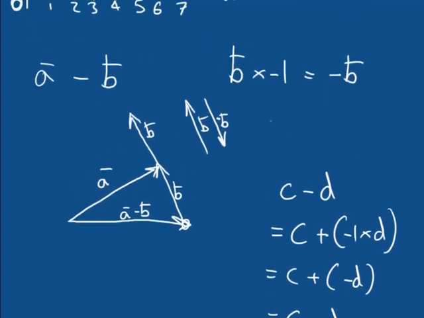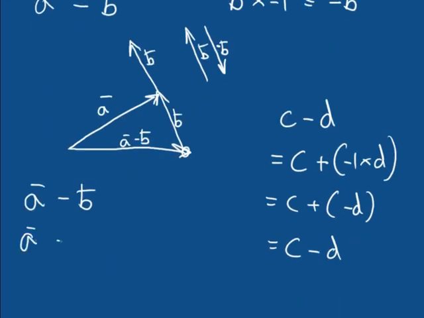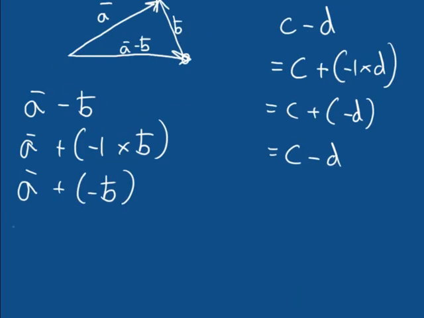So before I get too carried away, let's actually write this down here. If I had a minus b, this is the same as saying a plus -1 times b, which becomes a plus minus b, which of course would then become a minus b.